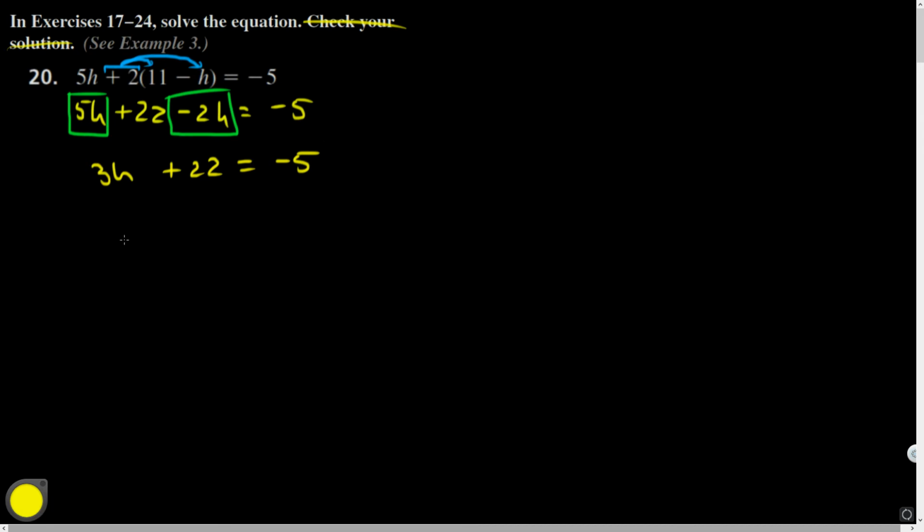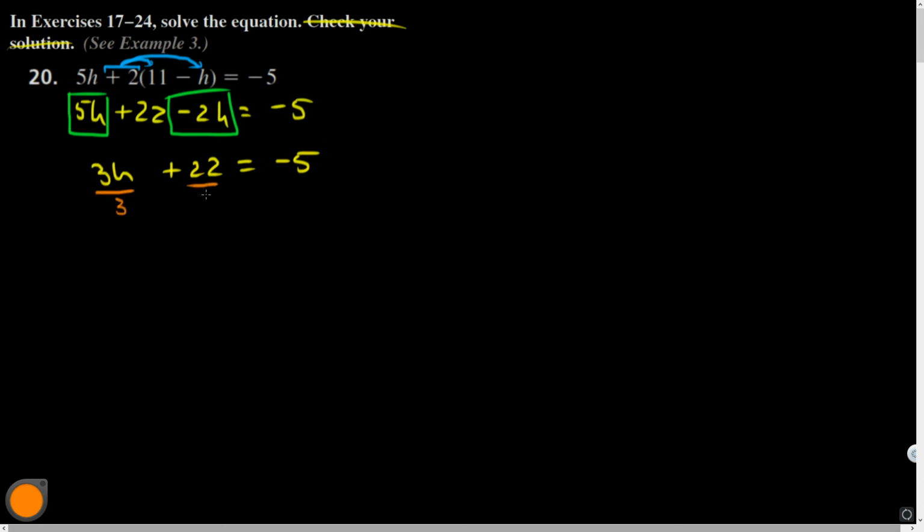So here we go. 2 things are happening to the variable h. Being multiplied by 3 and added by 22. Which should I deal with first? Yeah, I'm going to deal with this 22 first. The opposite of adding 22 is subtracting. And the reason I want to do that is because the opposite of multiplying is dividing.